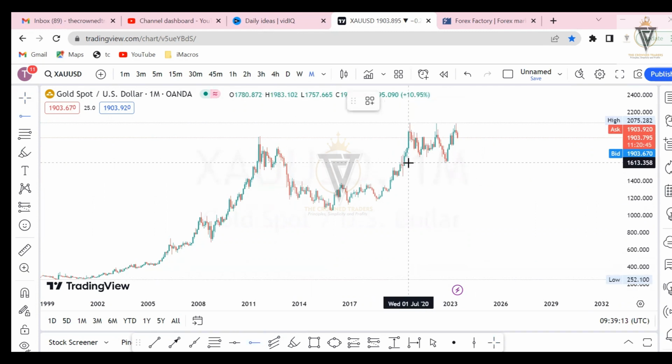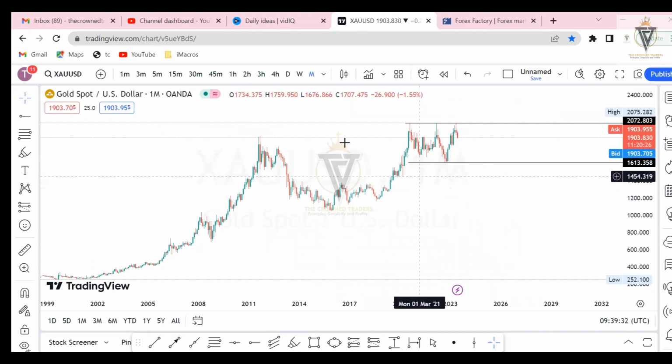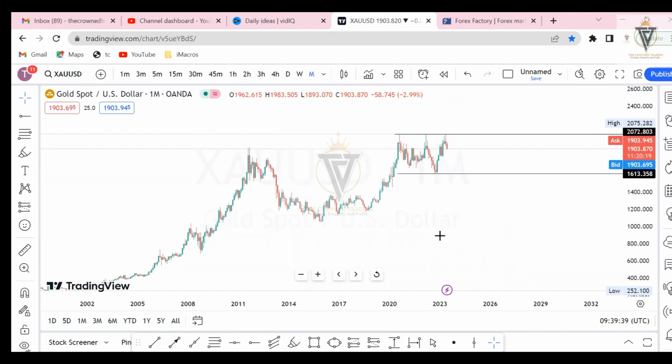Let's mark out our most obvious levels, equal highs and equal lows, and take advantage of them. Like I said, temporarily gold can be bearish.